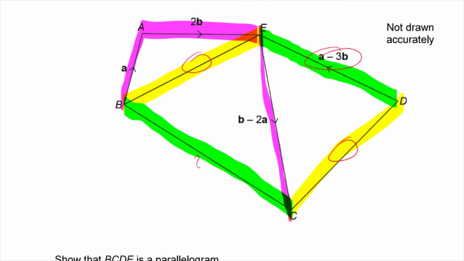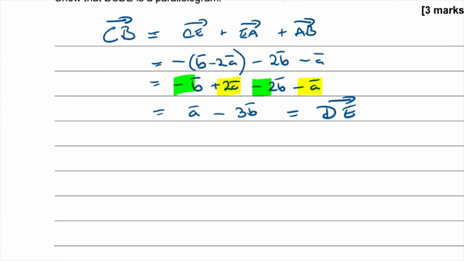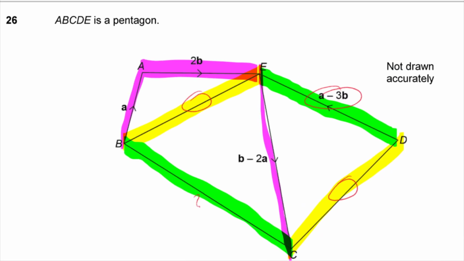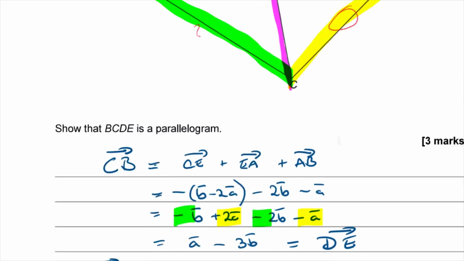Okay, so that's the first part done. I've shown that the green lines are equal in length and parallel. Now I need to do the same thing with the yellow lines. So let's take the vector BE to start with and work out what that is. B to E, well, that's just along B to A and then A to E, isn't it?